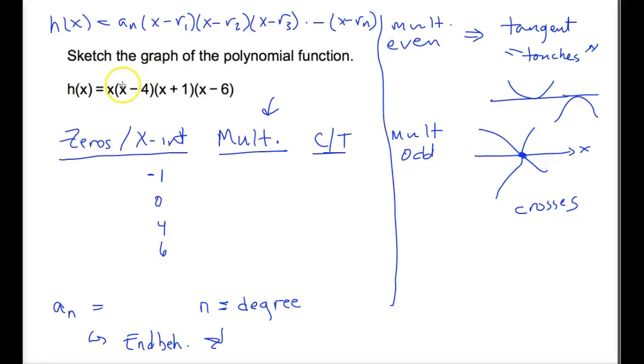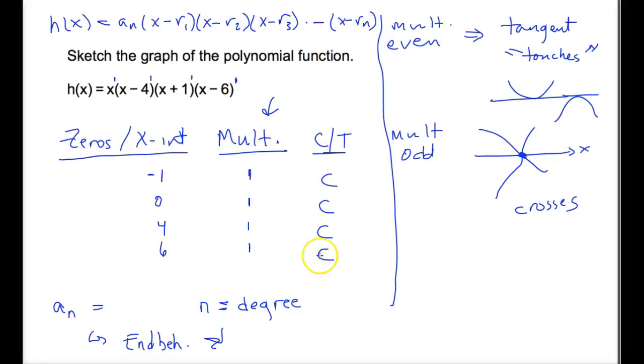And if you notice, for each of these, all these factors only repeat once, so it is like we have an understood 1 as an exponent for all of these. So that means in this case the multiplicity of each of these particular zeros and their corresponding factors is 1. And since technically we'll call 1 an odd number in this case, they will all cross through the x-axis at those particular x value locations.